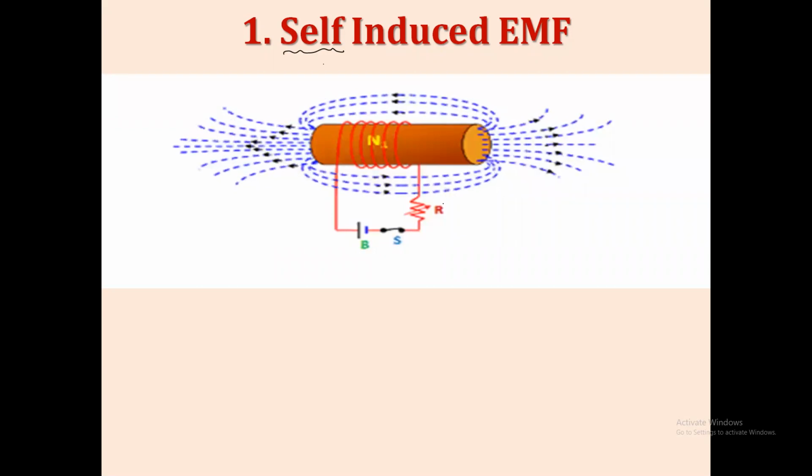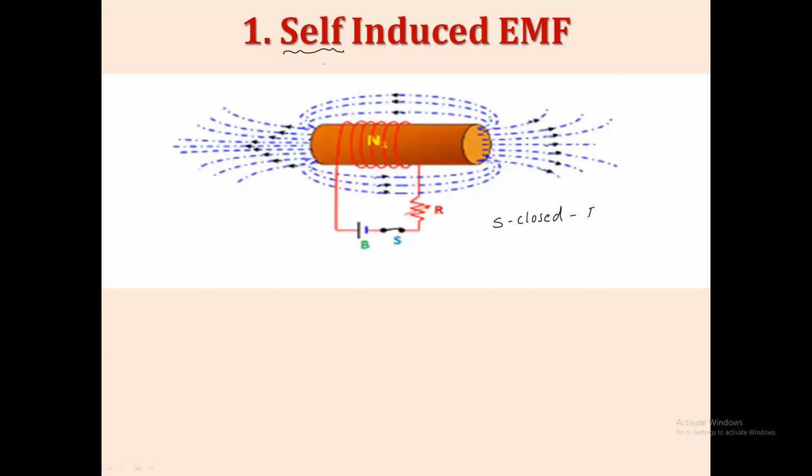Let me explain that arrangement. Consider one hollow cylinder which is wound with N number of turns, and the ends of that wire are connected with a battery, a switch, and a rheostat, potentiometer, or variable resistor. Now tell me, when switch S is closed, what happens?